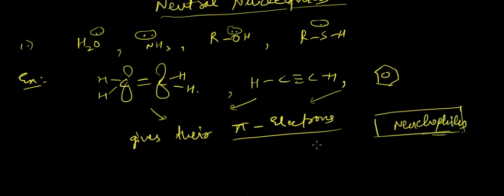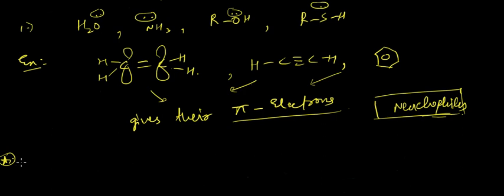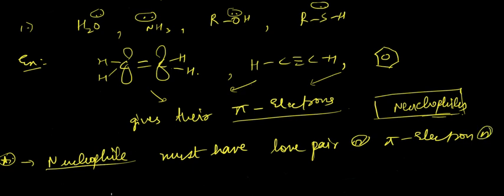So a nucleophile must have a lone pair, or pi electron cloud, or negative charge, or something like that for it to be termed a nucleophile.